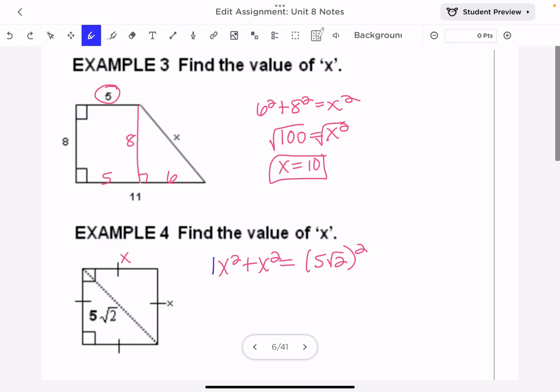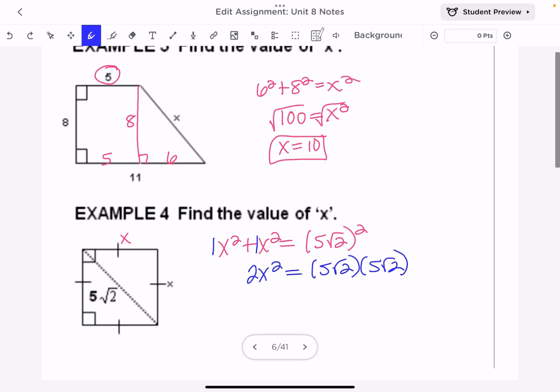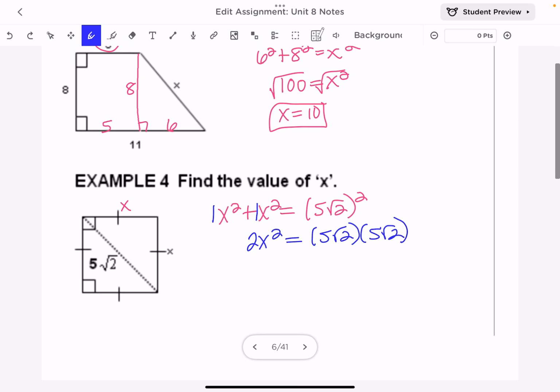So I have 1x squared plus 1x squared, so that's 2x squared equals, now this is like doing 5 root 2 times 5 root 2. Okay, when we reviewed stuff like this last time, we do the outside times the outside. So that's 25. And then remember, a square root times itself is just the number underneath.